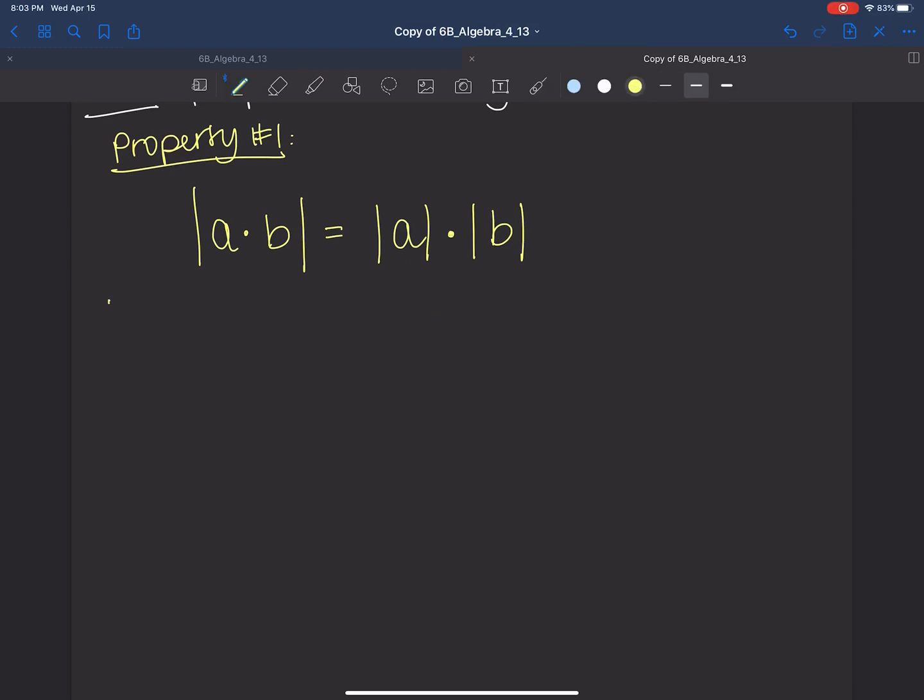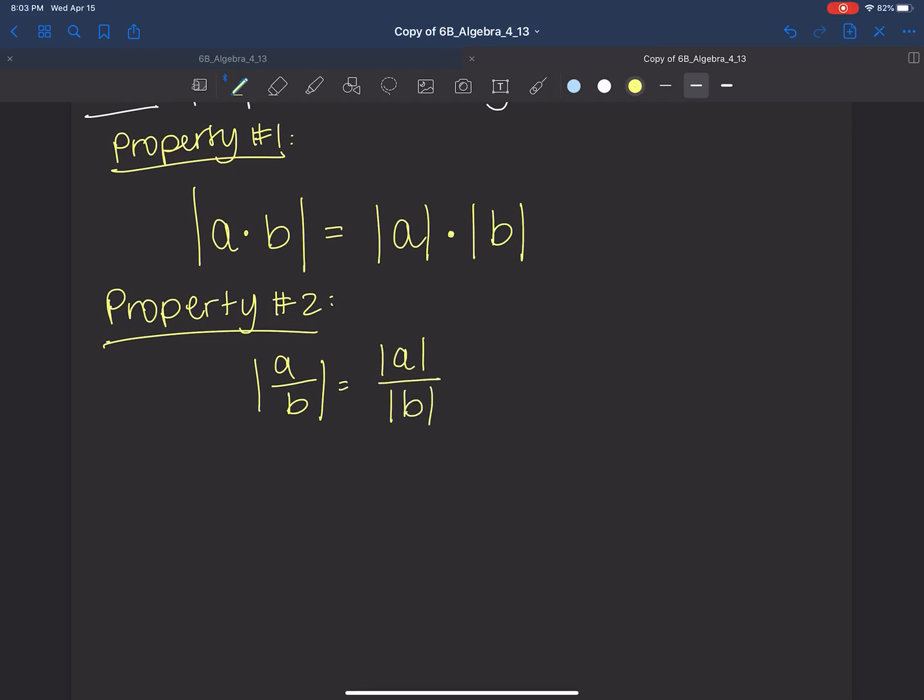Really similarly, property 2 is going to be about division. So if I have A divided by B, it's the same as the absolute value of A divided by the absolute value of B. And for the same reasons that this worked for multiplication.